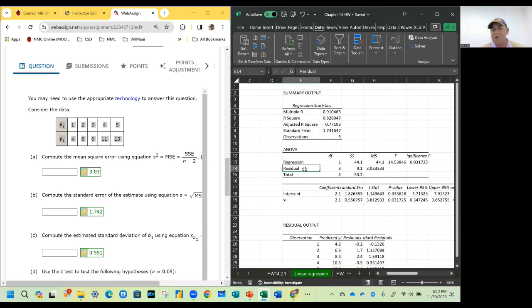So now remember, we said that the mean square error is also the residual, right? So that's where it can be confusing. Your software may use a different term. So in this case, it's the residual term that we're looking for. So you can see that the mean square, MS, for the residual, or the error term, is 3.03, no?